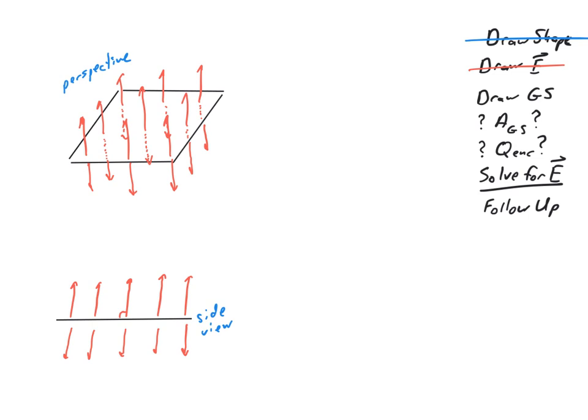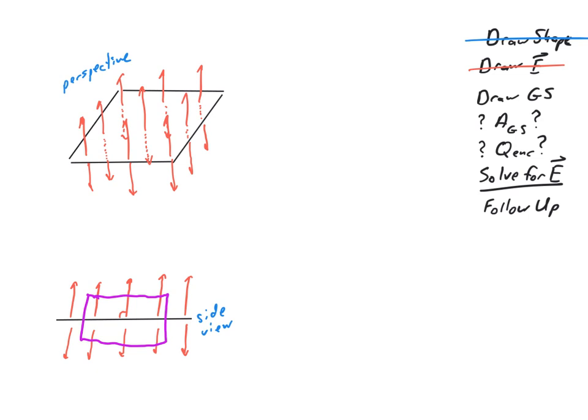Next, drawing the Gaussian surface around those charges. Now, side view first. I'm going to draw it like that, which is not very convincing because this looks like a 2D surface. It doesn't look like it's in 3D space.